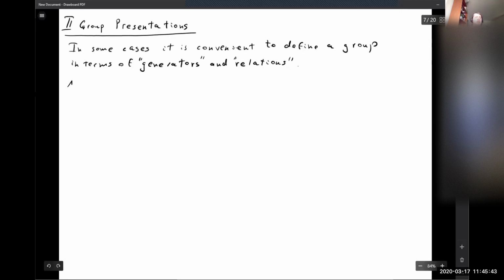So note that theorem 1 implies the following corollary. Corollary 2.